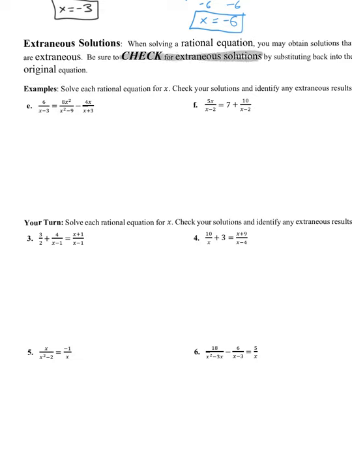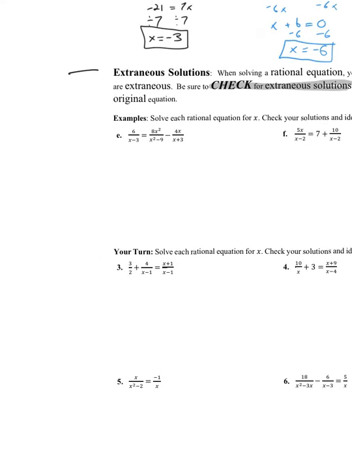An extraneous solution is a solution that we solve for algebraically but it doesn't work when we plug it back in.